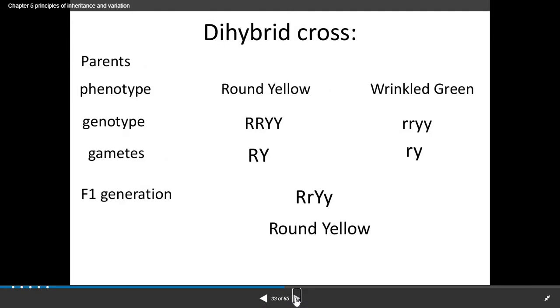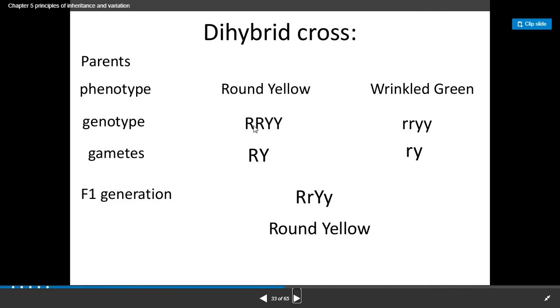Now the dihybrid cross is explained in a simple way. First of all, two groups of parents are taken, and here, students, you can note down that two pairs of particular genes are there. Capital R is for round, capital Y is yellow, small r is wrinkled, and small y is for green.